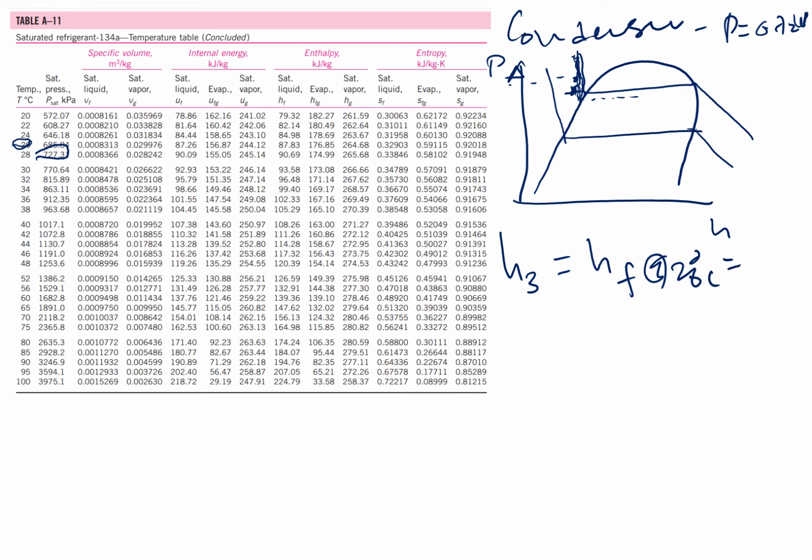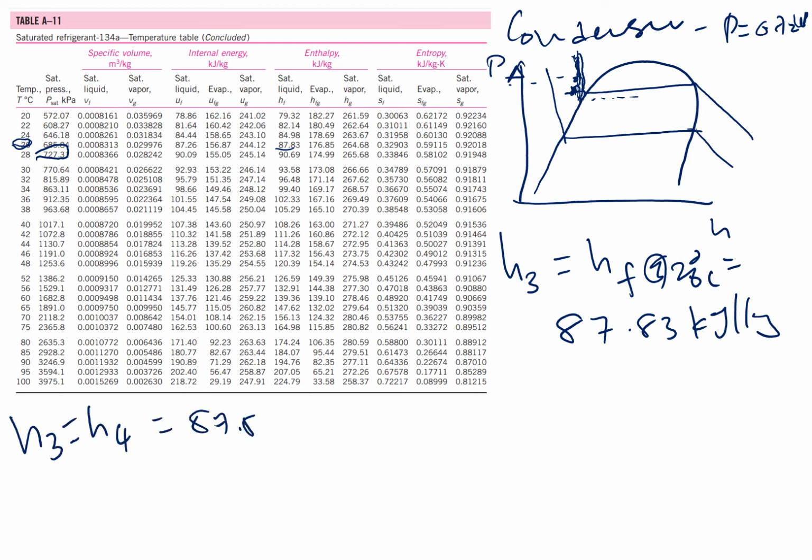Okay, which is equal to Hf at 87.83. Okay, so you don't have to take from the saturated pressure. Okay, and then finally H3 is equal to H4, which is 87.83. Okay, and then go back to look at your table, then you can find the X value.